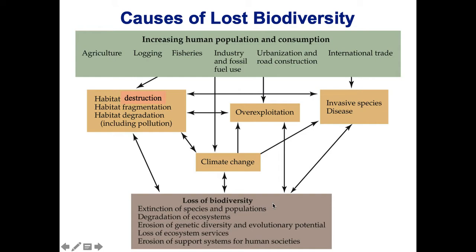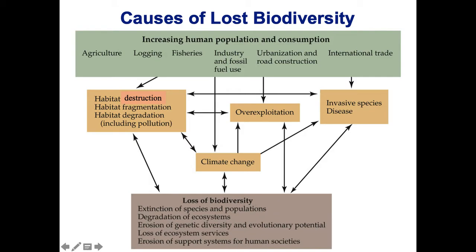So we see things like extinction of species and population, degradation of ecosystems, we lose genetic diversity and evolutionary potential, loss of ecosystem services, which are all those values of biodiversity that we just finished talking about, and the erosion of the support systems for human societies. So all of these things are related and they feed back on one another.